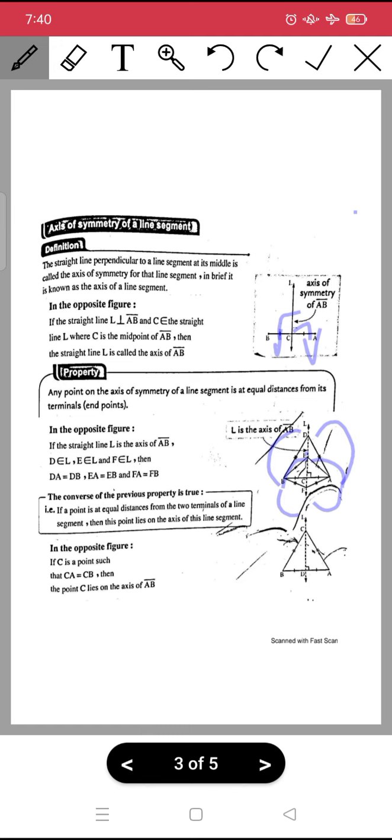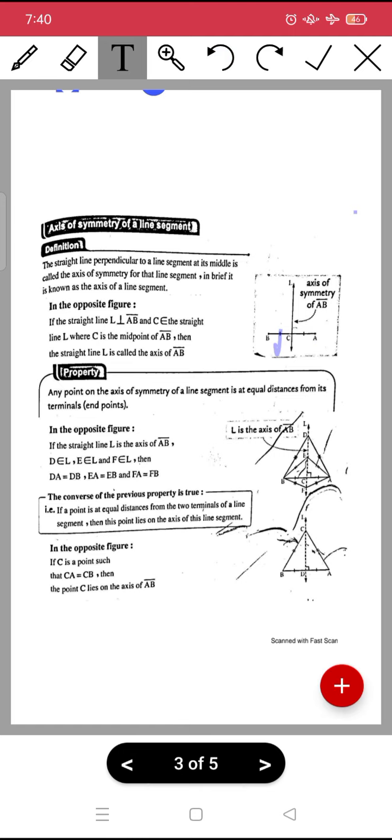Is it clear now? Now the converse of the previous property: if a point is at equal distance from the two terminals of a line segment, then this point lies on the axis of symmetry.